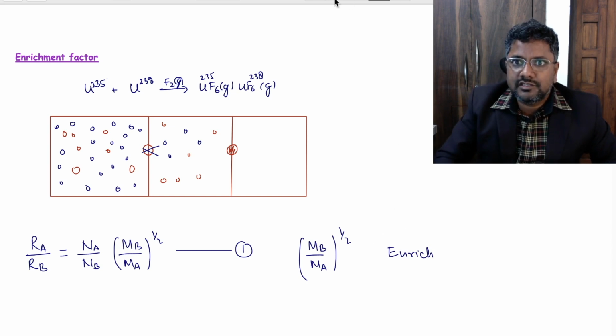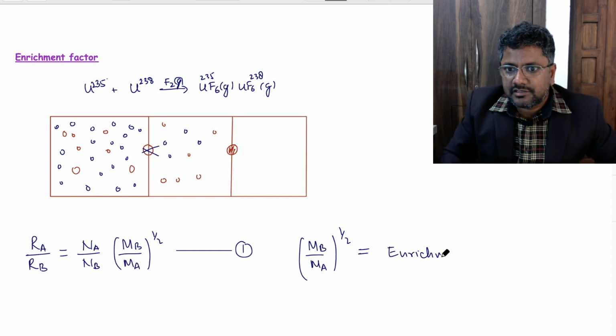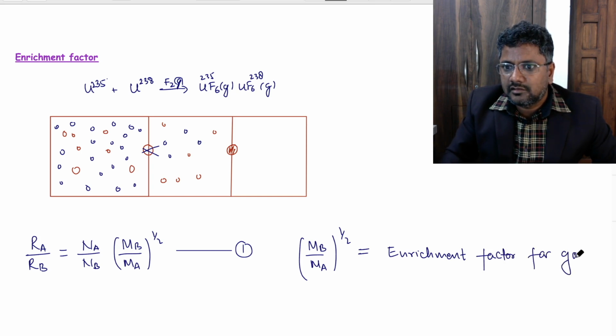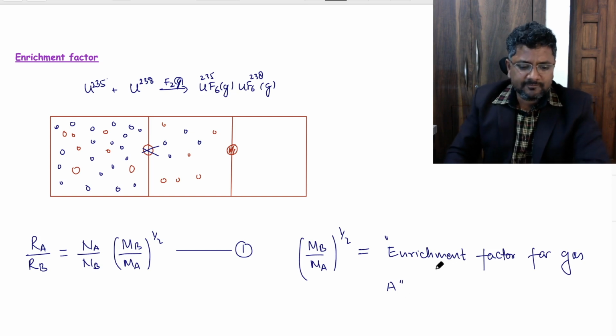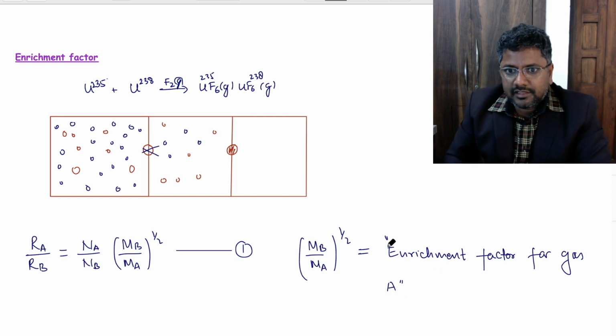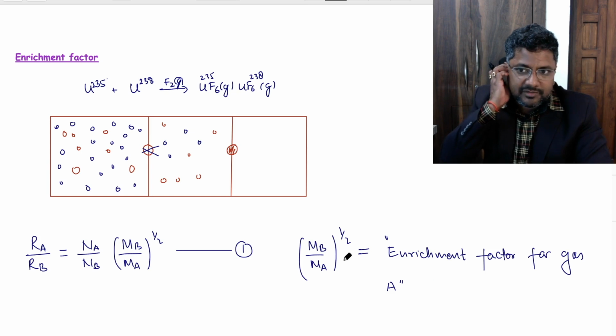This ratio is called the enrichment factor for gas A, right? MB by MA.